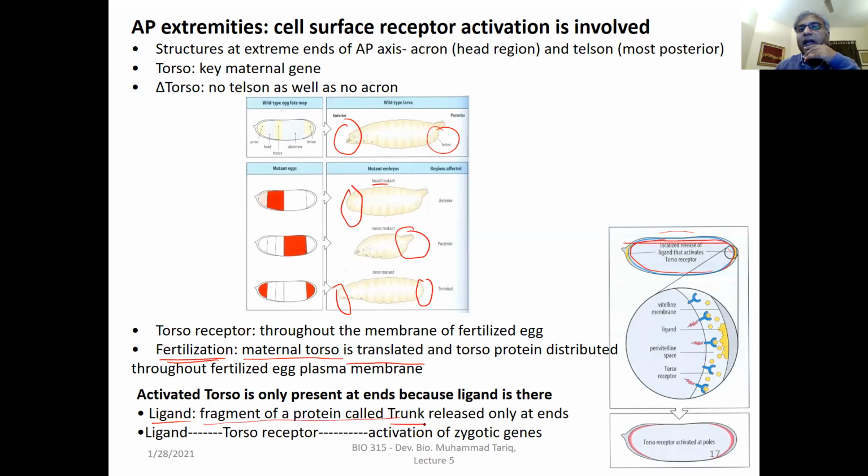fragment of a protein called trunk. So this trunk is processed only in the anterior pole or the posterior pole.